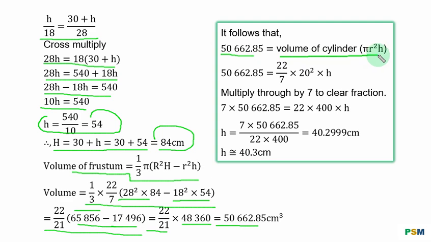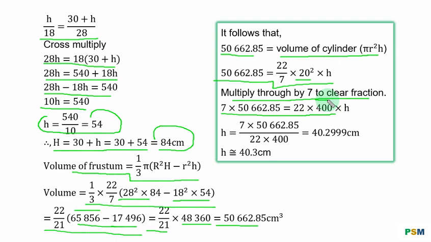It follows that the volume of the frustrum is equal to volume of the cylinder in order to find the depth. You have it in this form. The base radius of the cylinder is given to be 20 in the question. Multiply through by 7 to clear fraction. You have it in this form, noting that 20 square is equal to 400.